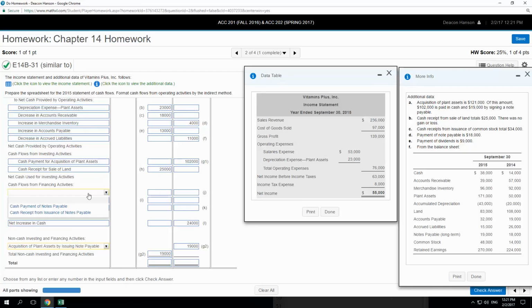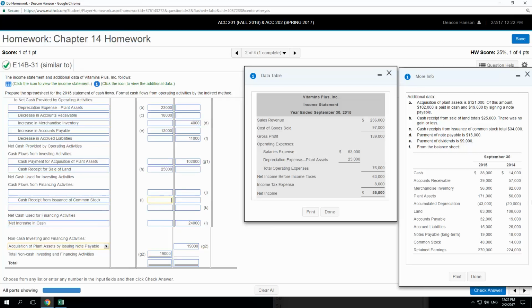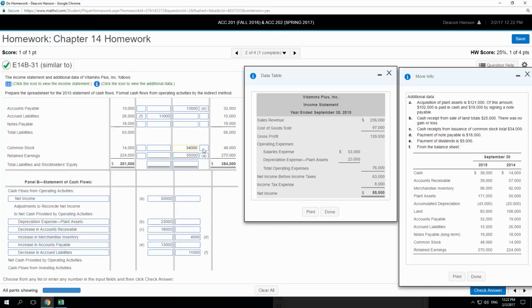And I think they mix the categories around a little bit. So here's your cash receipt from the issuance of common stock. And that's going to be 34,000. Now letter I on your cash flow statement should tie back to this, letter I.